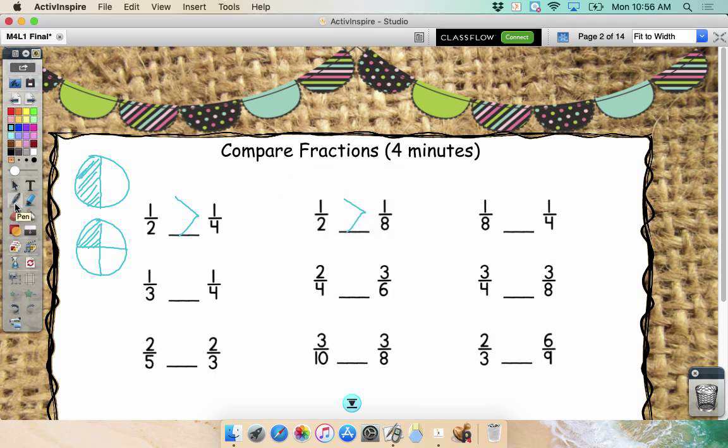All right, let's go ahead. I'll have tables answer. So table 1, which one of these is larger? 1. Very good. Okay. Table 2, what about over here? Which one's larger? Yep. Okay. What about this one? Okay. Table 4, it's your turn.